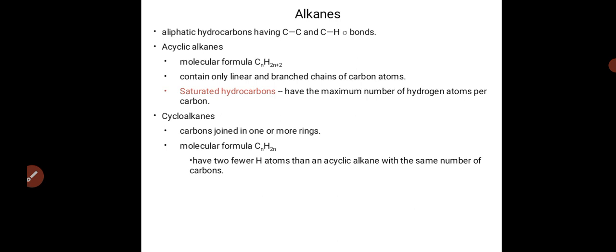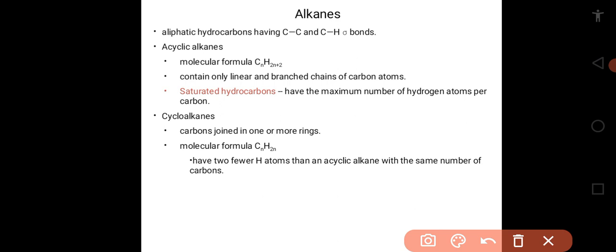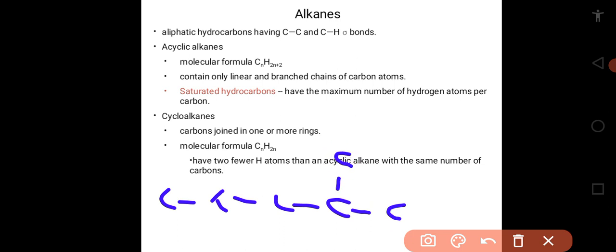They can either be linear, that is, in a straight chain, something like this, or in a branched chain. When we say branched, it means that they have a substituent, something like this. So acyclic alkanes can be either straight or branched chain.